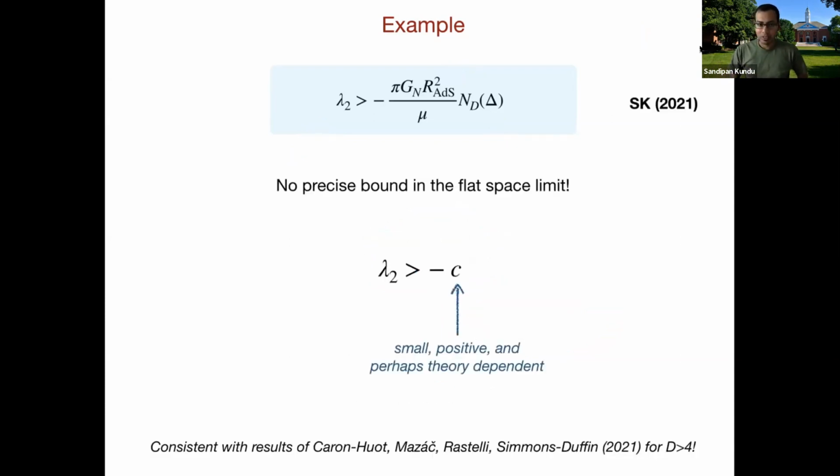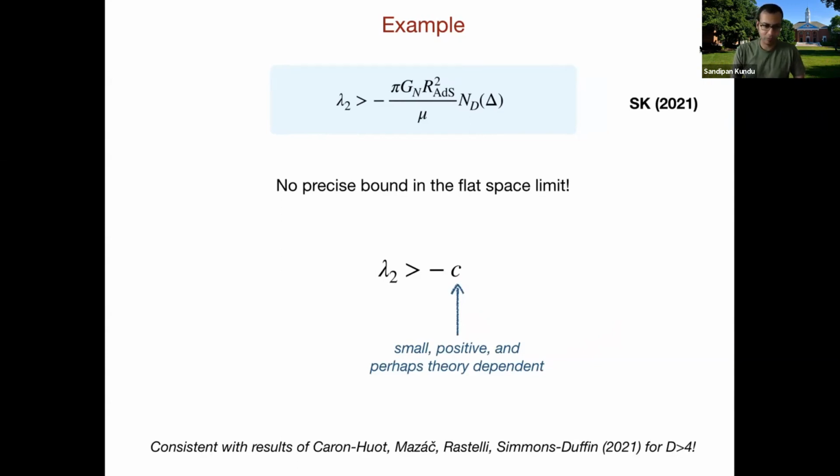So now there is something really interesting. This is also something that I find really fascinating. When I take the flat space limit, obviously I can no longer give you a precise definition of the right hand side because the radius scale is there. But since I know that the right hand side is still small, all I can say is that in the flat space amplitude, on the right hand side I'll have a small negative number, which is theory dependent, since we cannot tell you exactly what that is from the CFT argument.